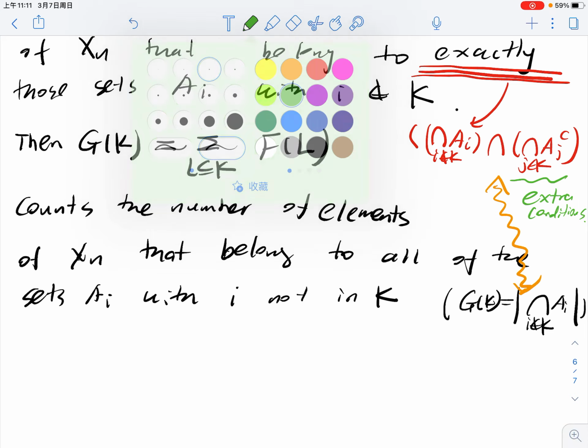Okay. And now the star, what does star tell us? Star tells us you can compute the complicated stuff as a combination of the simpler stuff.